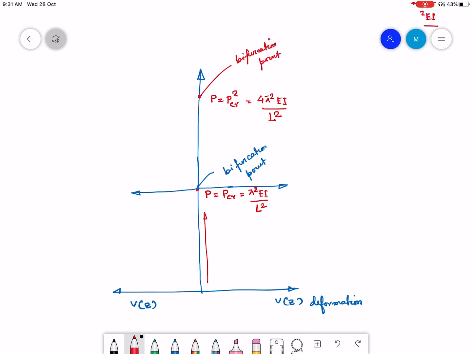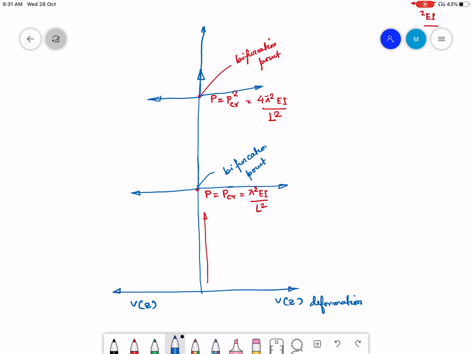Here also the deformation can happen in this direction, or in this direction, or if there is no perturbation, it will move further. This shows how the column will behave as we keep on increasing the load, and at different critical values of the applied load, how the column is expected to behave.